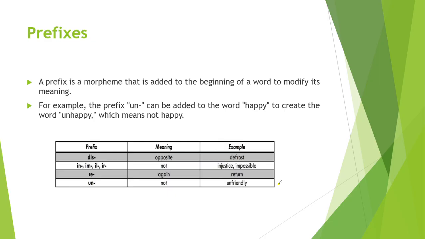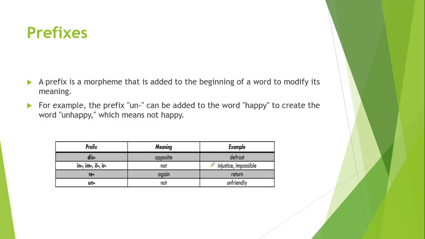For prefixes, we see that prefixes are morphemes added to the beginning of the word to modify its meaning. For example, the prefix un can be added to the word happy to create the word unhappy, which means not happy. So the prefix dis means opposite. For example, defrost. Then the prefix in, im, il, ir means not: injustice, impossible.